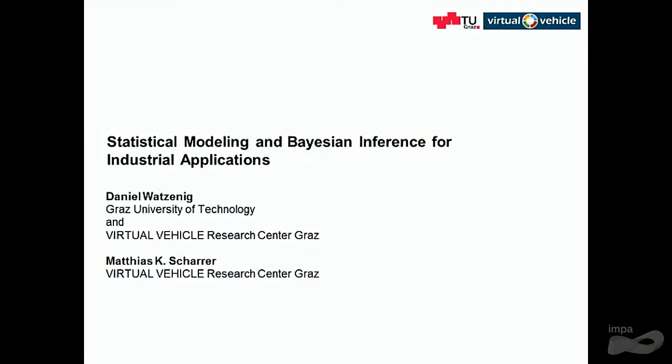So I will basically talk today about statistical modeling and Bayesian inference, especially for two different industrial applications. I'm basically with the Institute of Automation and Control at Graz University of Technology, and also scientific director of the so-called Virtual Vehicle Research Center. That's a research center which is partly owned by the university and partly owned by the Austrian local industry, which is more or less automotive industry.